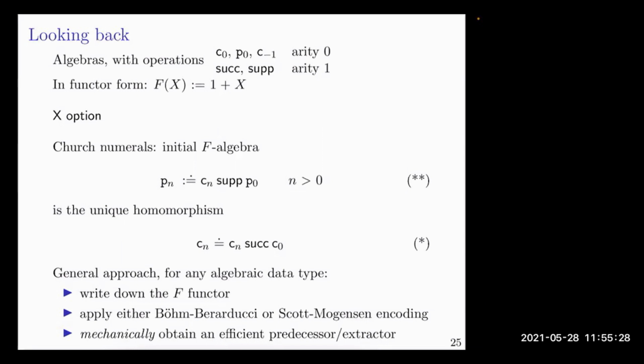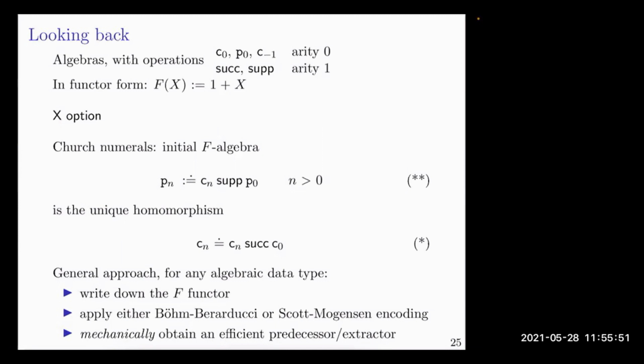Actually, the first general method I explained was essentially Bernoulli encoding. And this unapplication, reflection, verification trick was actually Scott-Mogensen encoding. And that's it. And so we automatically, mechanically obtain an efficient predecessor extractor for this data type.